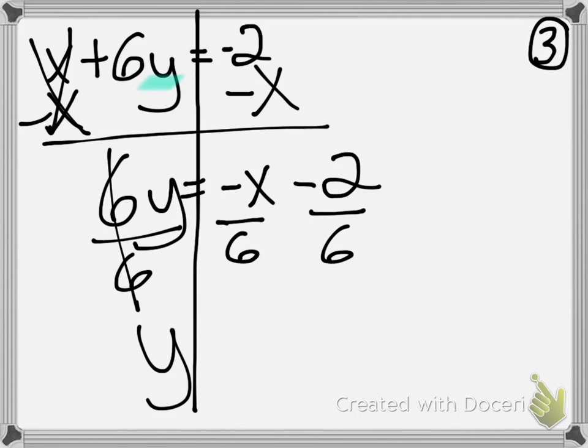So, y equals negative 1/6 x. And we know that because when there's not a number in front of the x, it's a 1. Minus, instead of putting negative 2/6, I'm going to change it to 1/3 because it does simplify. And that is my slope-intercept form for number 3.